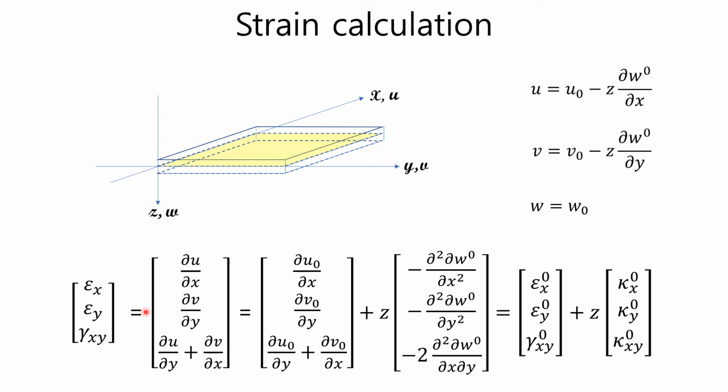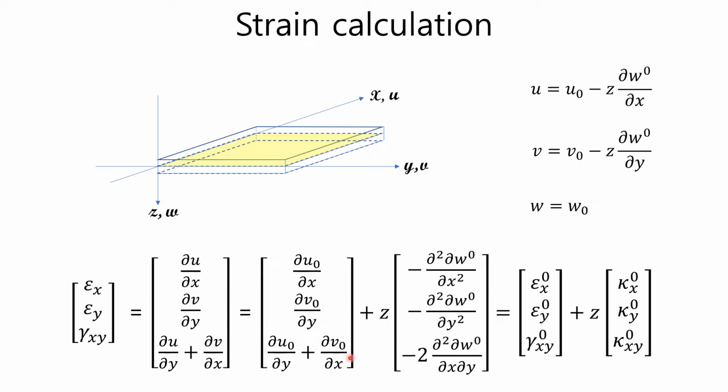Strains can be obtained by calculating the derivatives of u and v with respect to x and y for normal strain, and cross derivatives with respect to x and y for shear strain, respectively, by substituting the displacements u, v, and w here.